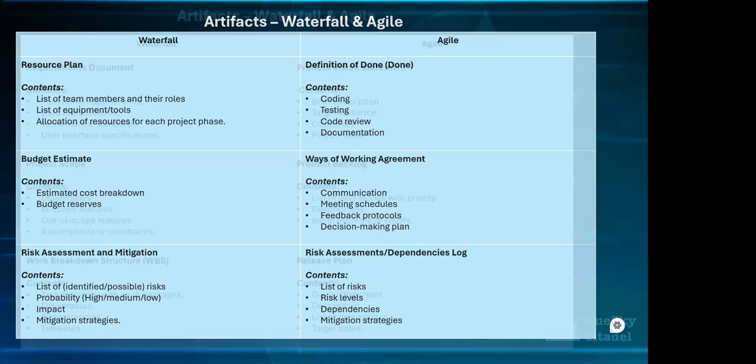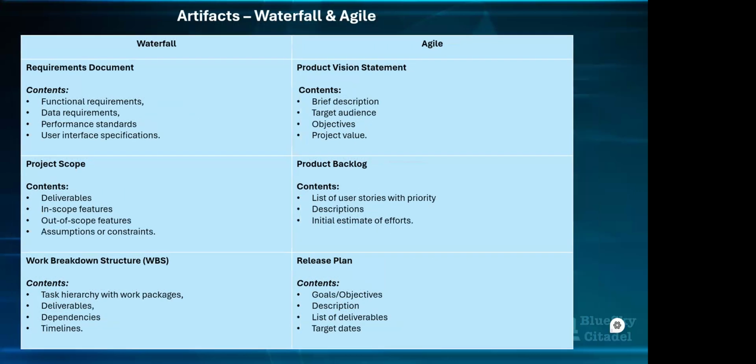Okay, so quickly we'll go to the agile aspect of things. The artifacts for agile definitely would be the product vision statement, which I gave an example of when we were looking at the explanation of that step, the process. It is really a statement to say, this is the vision of this project, this is what we're looking at when we're talking about this project.